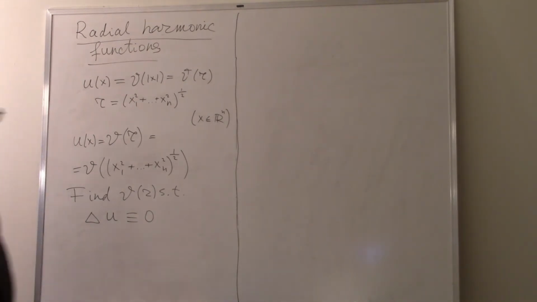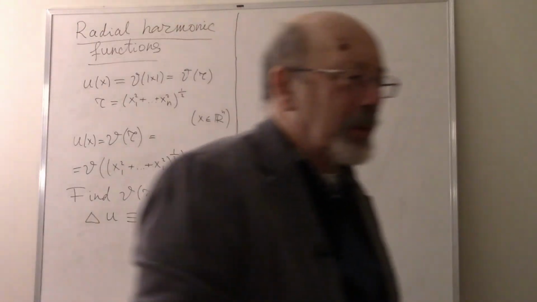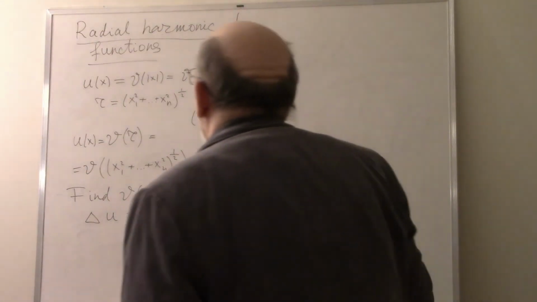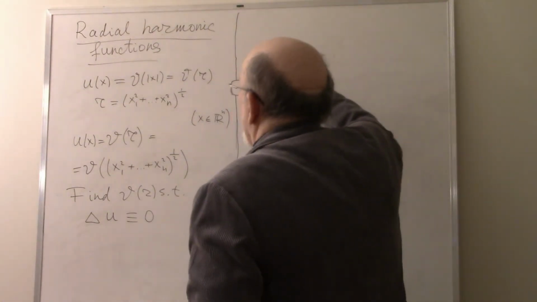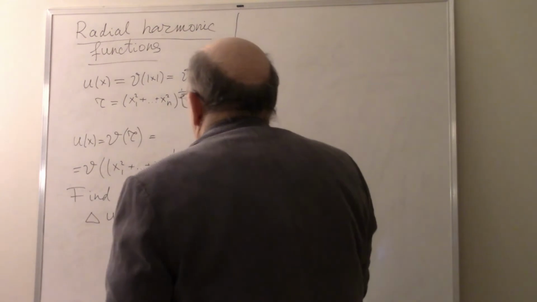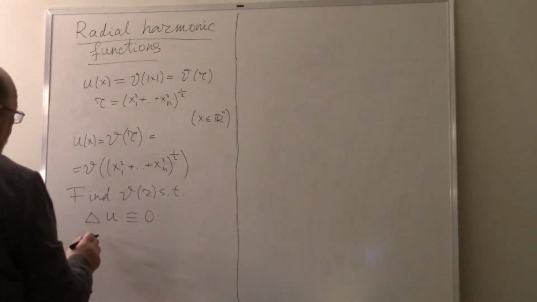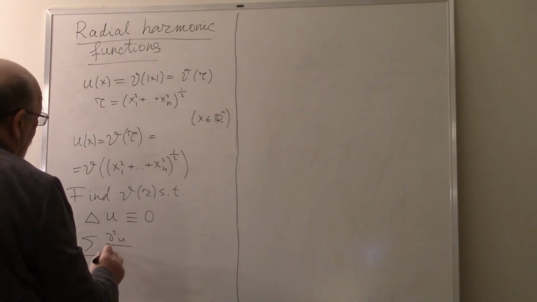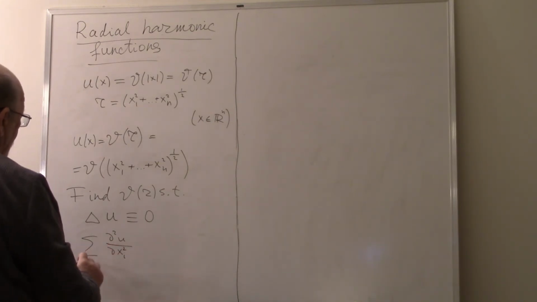Now it is a matter of some computations which we are doing now. So first of all, I have to find the sum of d2u/dxi squared, i from 1 to n.